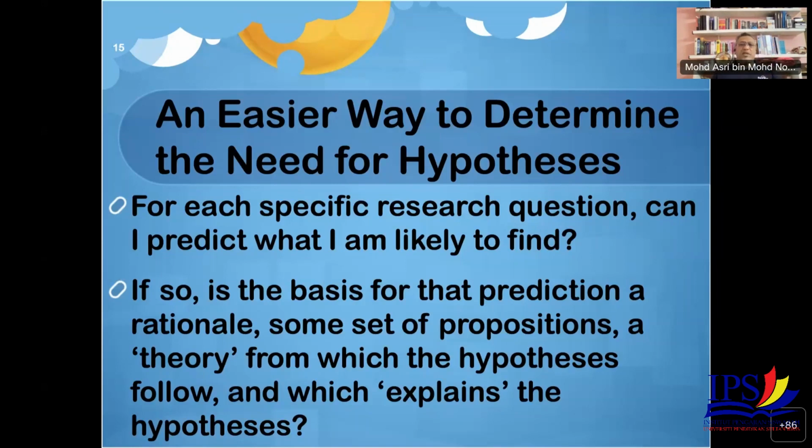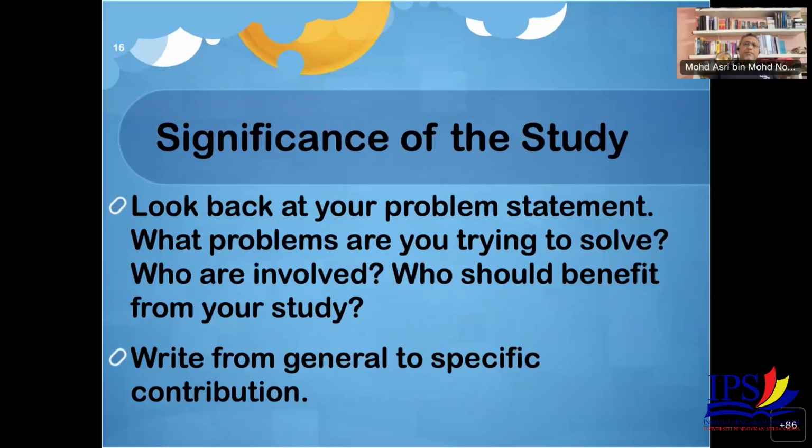Okay, and then we have the hypothesis. Right? So if you don't know what the problem is, you don't have the proper objectives or the proper research questions, then you wouldn't know what kind of research design you want to use, or whether you need to have hypotheses or not. Okay, so that's very important to remember.